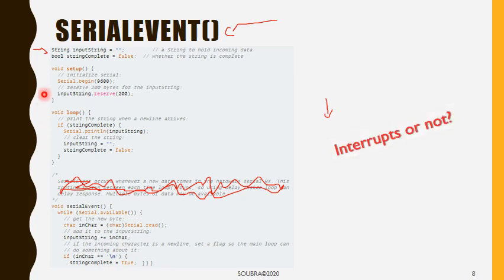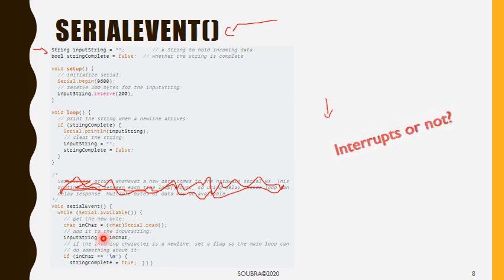This means that the next time I'm in my loop, I'll be able to get in here and print out the string that I got, the first string, and then empty it, and then set my flag back to false.